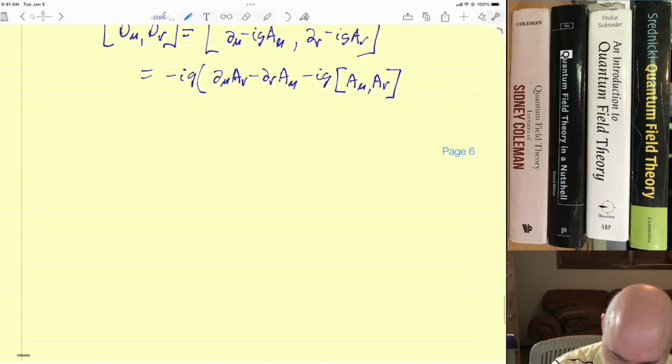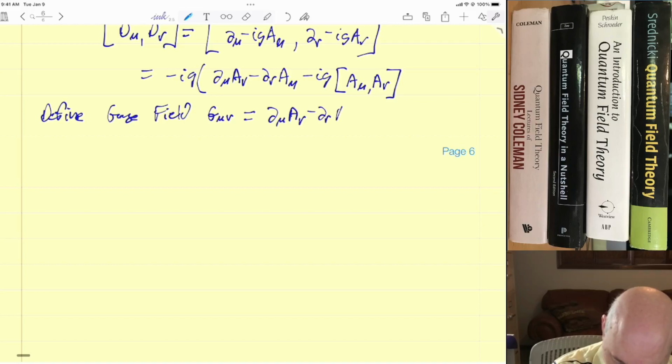And so now we can define a gauge field. We'll define this as G mu nu is equal to the partial mu of A nu minus the partial nu of A mu minus Ig, the commutator A mu comma A nu.